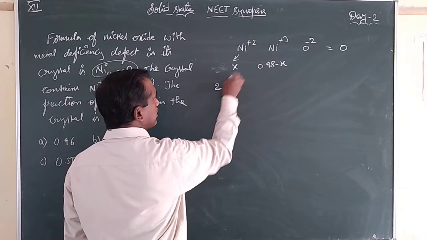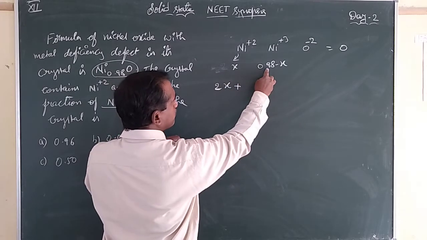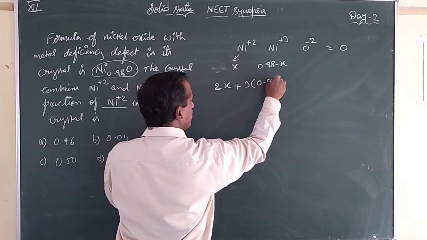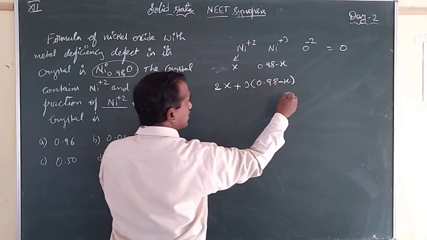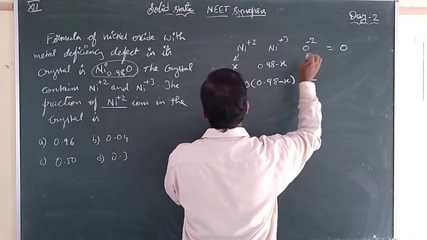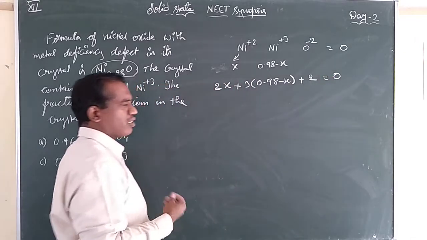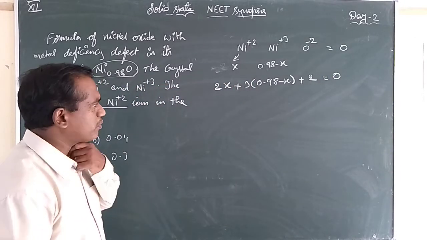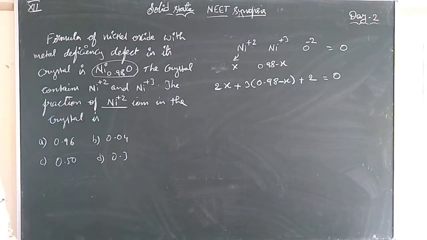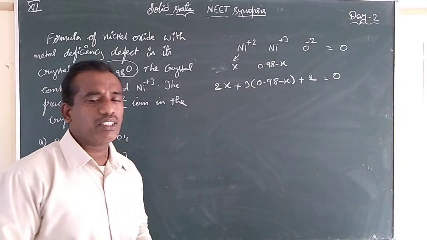So let us speak the charge into the abundance plus the charge into its fraction, we can speak minus x plus charge is 2 and its fraction is 1. I am writing as 2. In a similar fashion to what we had done in the previous case, the same thing we need to follow. I hope I have given you the clue how to work with. You can solve this fraction of the compound, how much it is present.